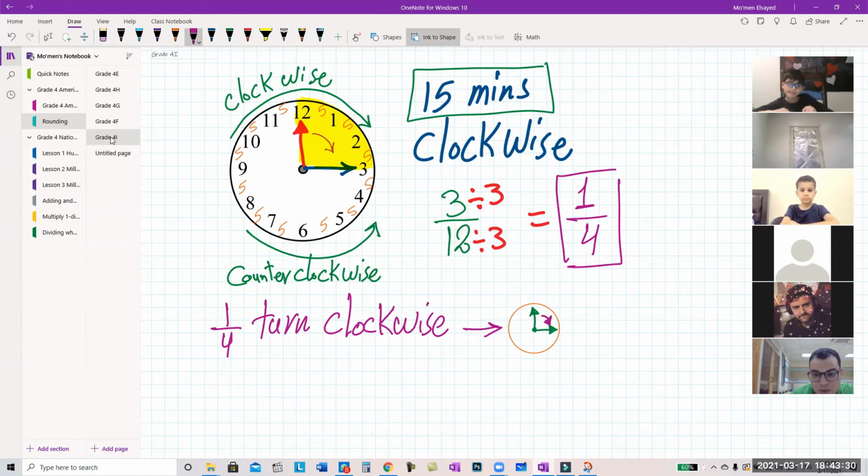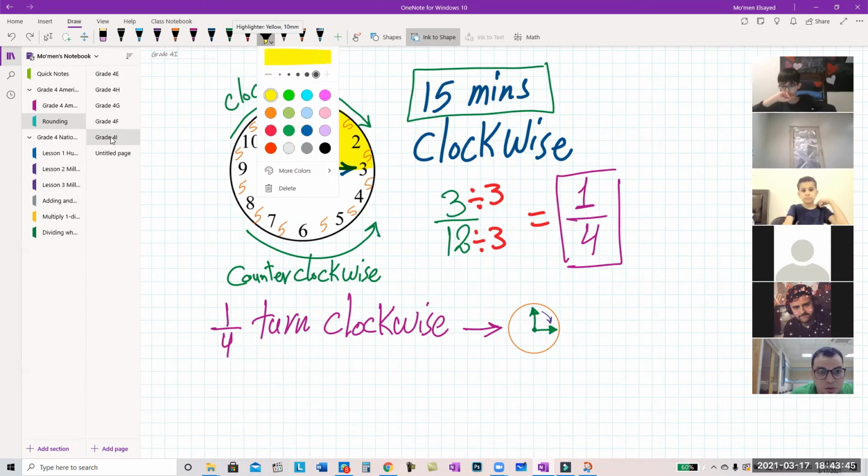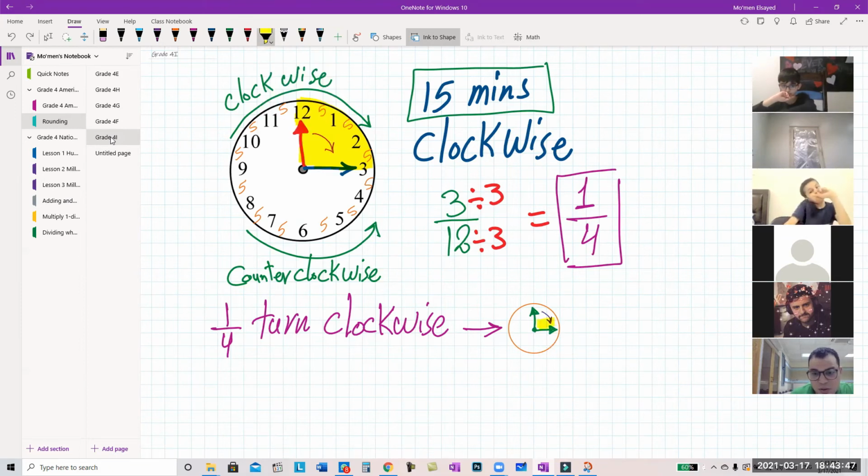That's the meaning of clockwise. Okay, let me shade it for you. So that's a quarter.